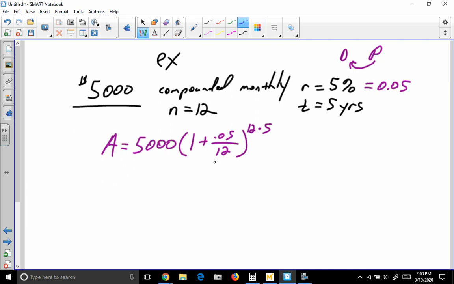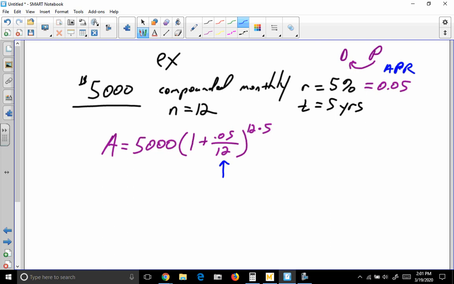So what this piece here does is it breaks down our rate, and we're not charged 5% this month and 5% next month, and every month charge 5%. 5% is your annual percentage rate, APR. So this fraction takes the annual percentage rate and cuts it down to an interest per compounded cycle.